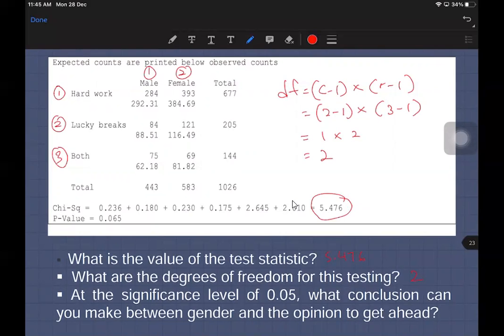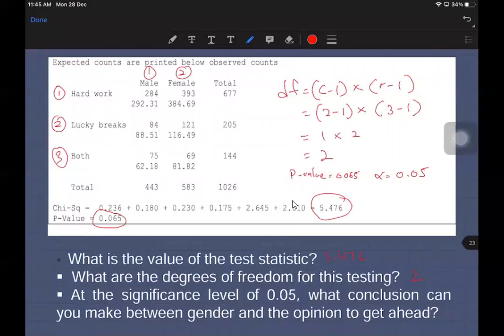At the significant level of 0.05, what conclusion can you make between gender and the opinion to get ahead? Here we can refer to our critical value, but here also we are given a p-value. If your alpha is 0.05, using the p-value approach, we compare the p-value 0.065.